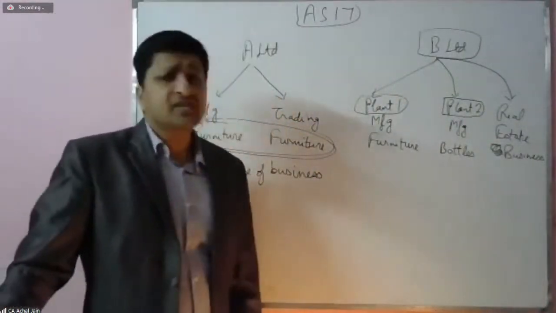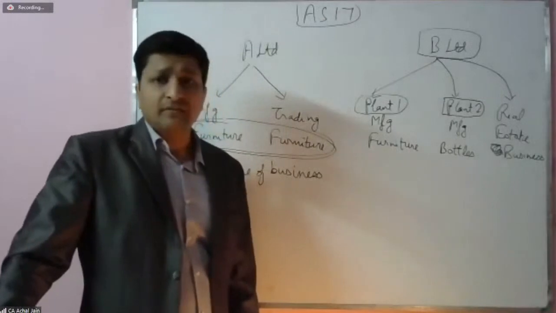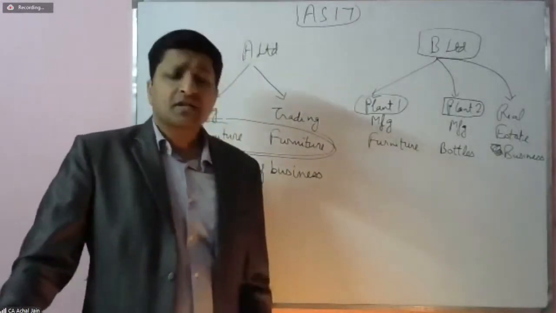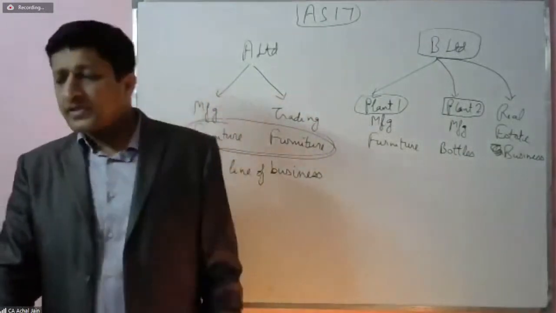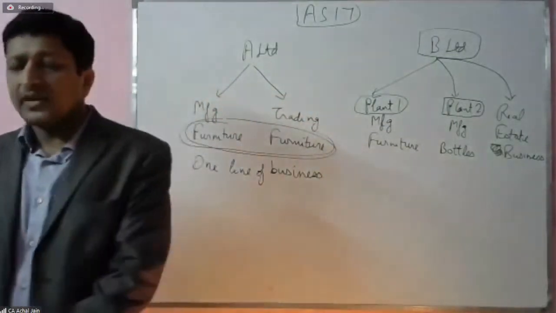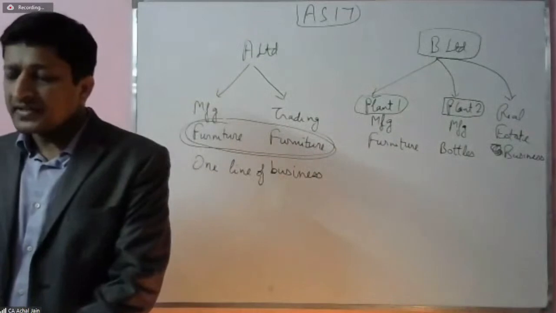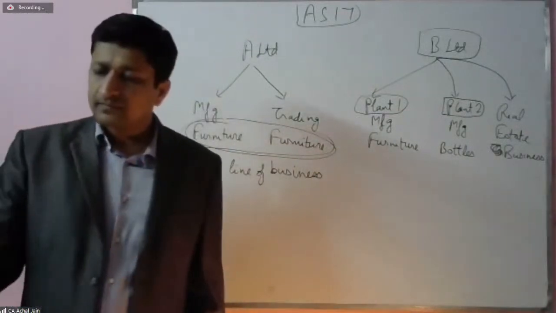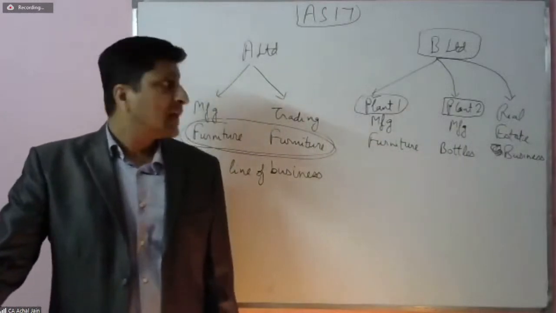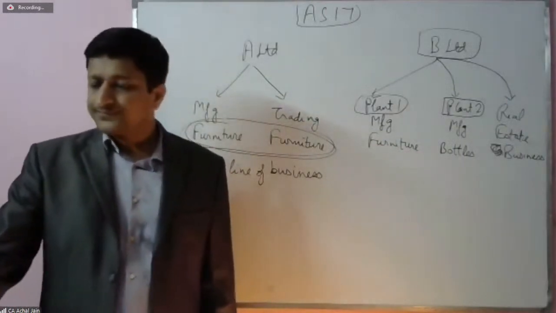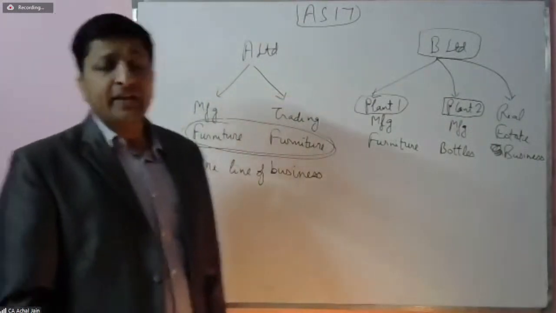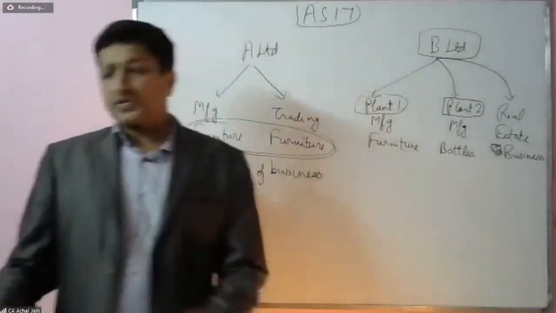Now, if you look at this company, B Limited, can we say that this company is into one line of business? Tell me, can we say that? The answer will be no. It will not be possible for us to say that B is into one line of business.